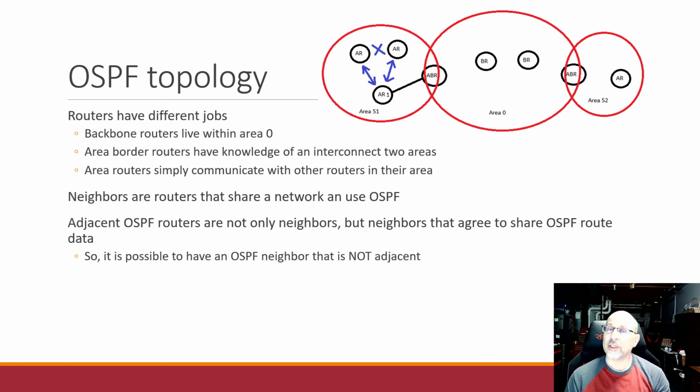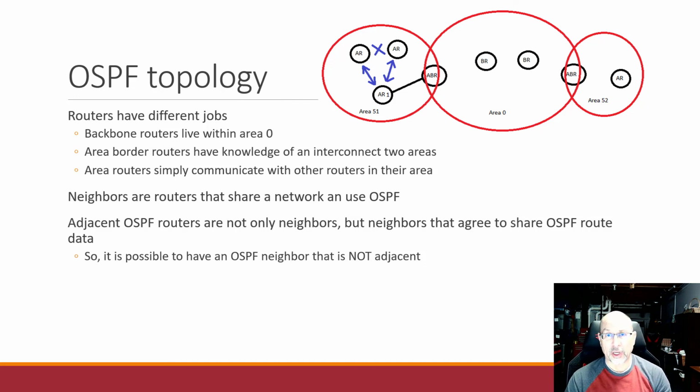But the question is whether or not they're going to share routing information with each other. So they're neighbors if they're both doing OSPF and they're on the network. But if they share information with each other, then they establish what's called an adjacency. So it's possible to be a neighbor and not adjacent, but all routers that are adjacent are also neighbors.